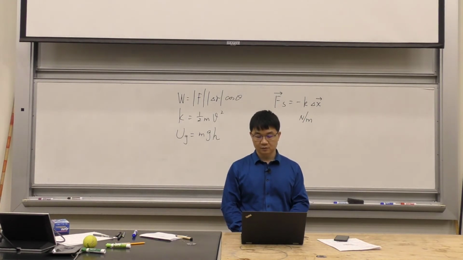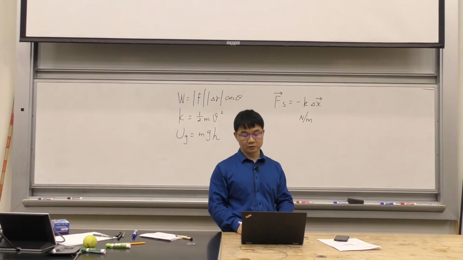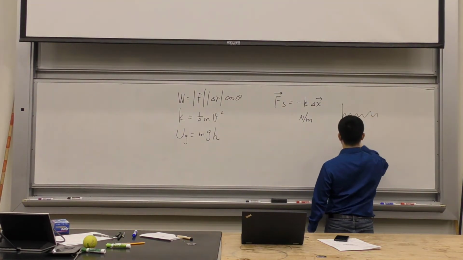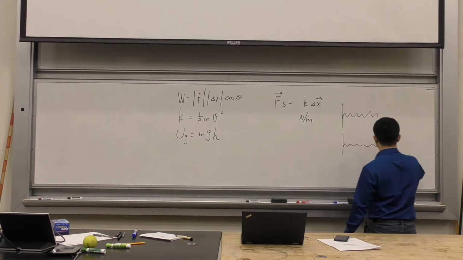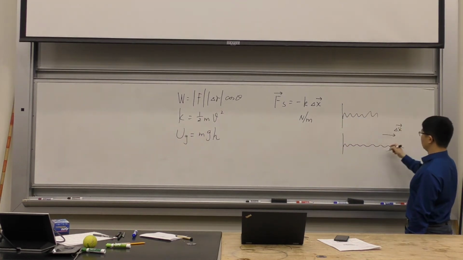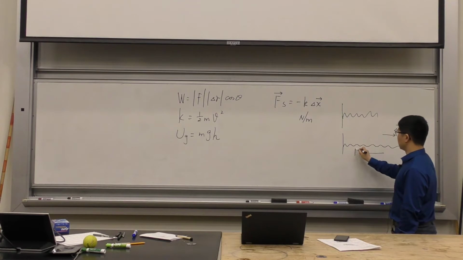Does that make sense? Take a look at this image on slide 14. If this is the original length of the spring, and you stretch it to the right, so the displacement is to the right, you stretch it from this point to that one, that's the displacement. What is the direction of the force? The force is going to be in the opposite direction.